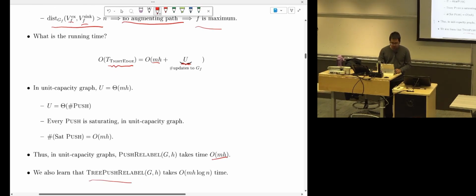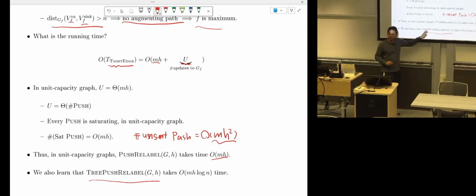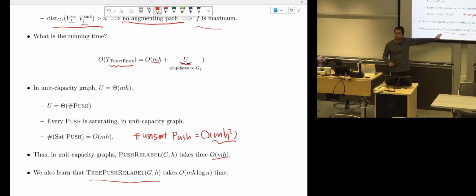We learned also about push-relabel, where the number of unsaturated pushes can actually be as big as mh squared, but we don't want to pay this. But there's a way to avoid this using link-cut trees or top trees.